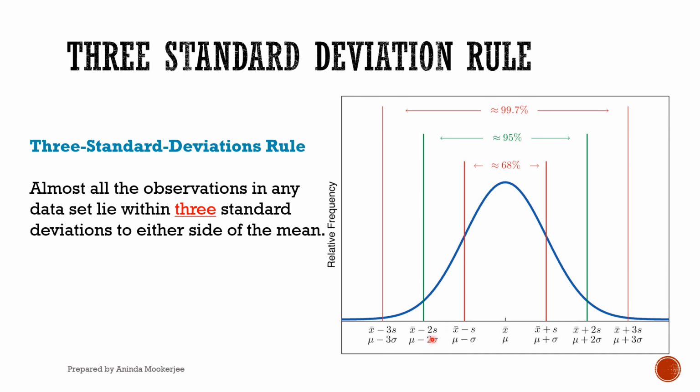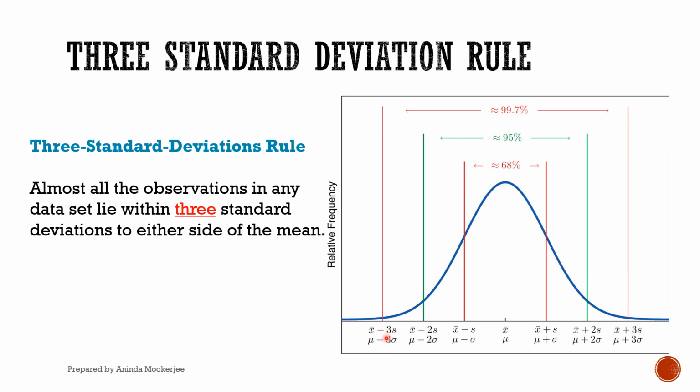In other words, what it's telling us is that 100% of the observations that we have will be covered by this curve within -3 standard deviations on the left hand side and +3 standard deviations on the right hand side. And that is the reason when we draw our distribution curves, we do not go beyond -3 and +3 on each side.